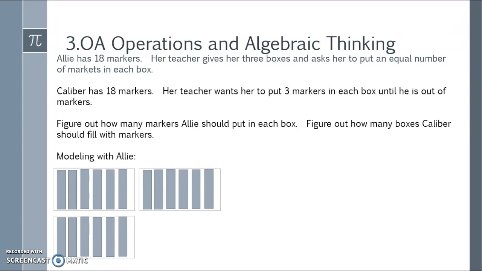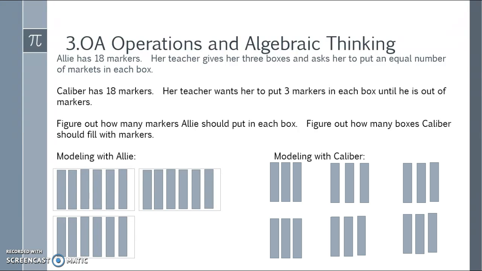I see that I would need 3 boxes, and each box would have 6 markers in them. Versus Caliber, we want to put 3 markers in each box. So I will partition out or share 3 markers at a time, count them out, until I get an equal number of boxes. So with 3 markers, she would need 6 boxes to fill.